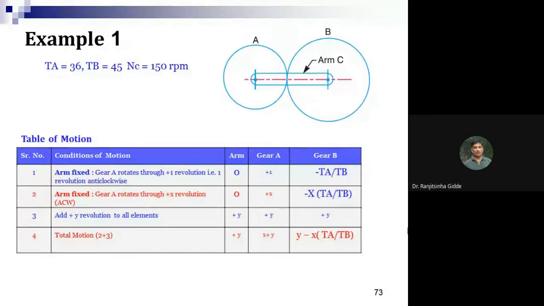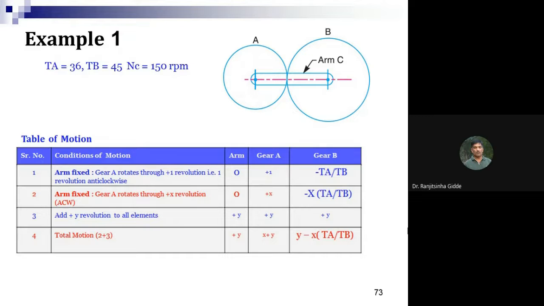You are not required to write anything else. Only this table of motion: serial number, condition of motion, arm, gear A, gear B. If there is another gear, then gear C, gear D, based on the combination given.